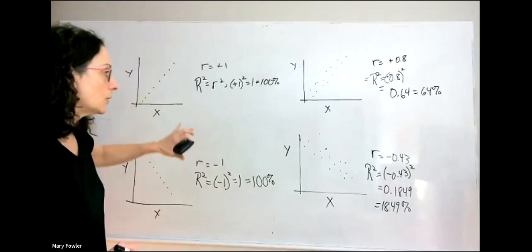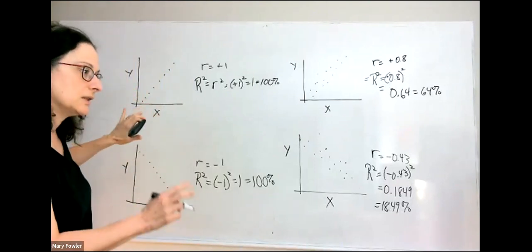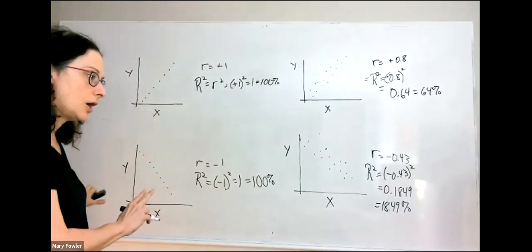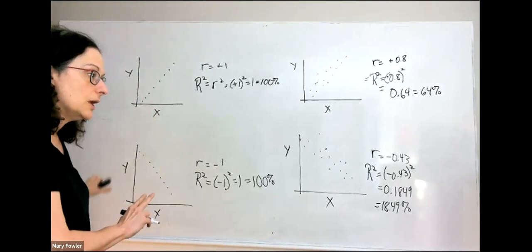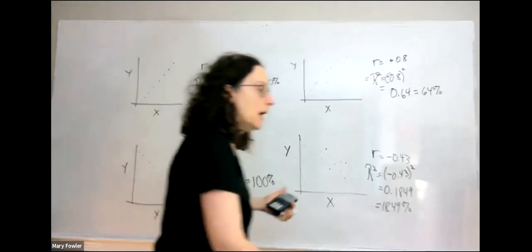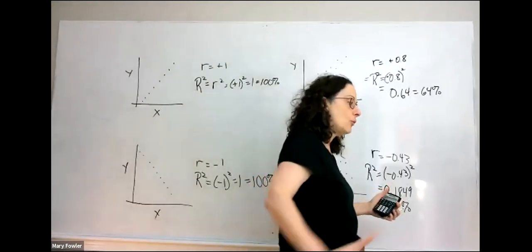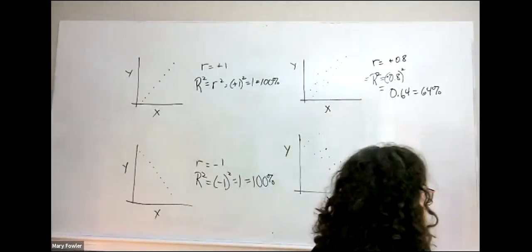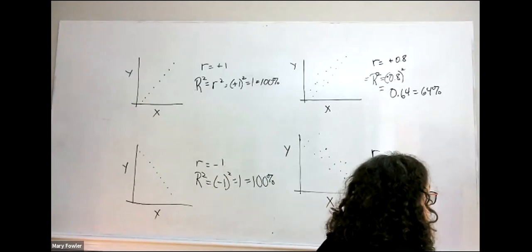Okay, so you can begin to see the relationship between the linear correlation R and the coefficient of determination R squared. I'd like to also be able to go in the other direction. So hold on one second and let's come back to the notes.